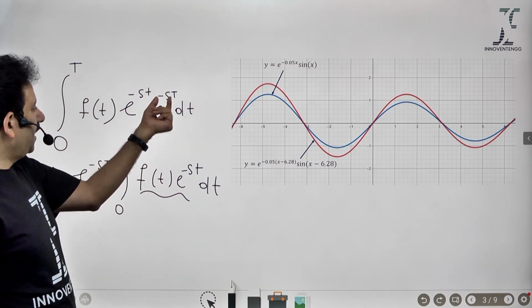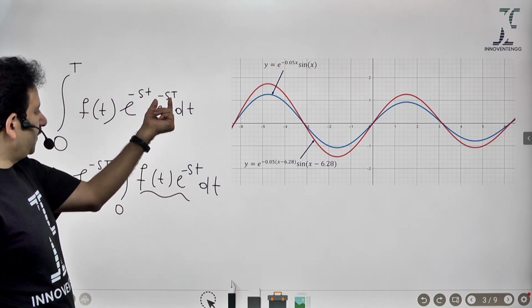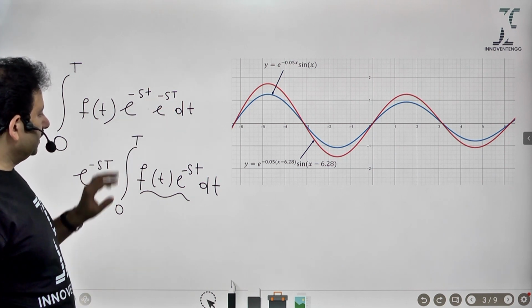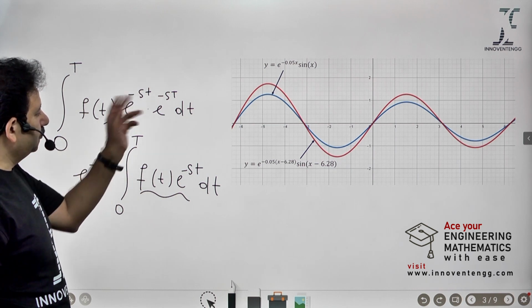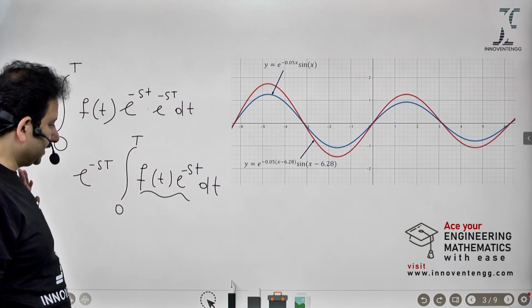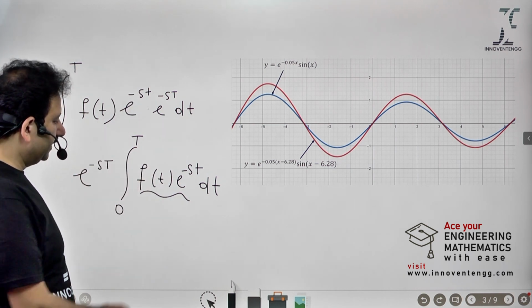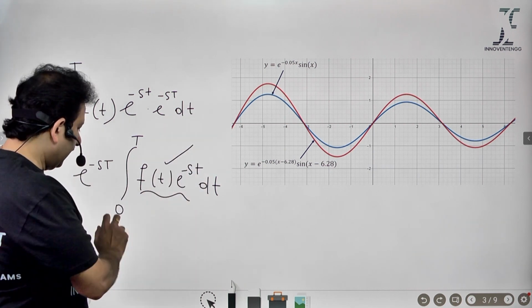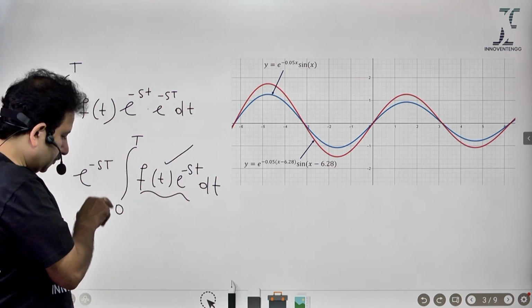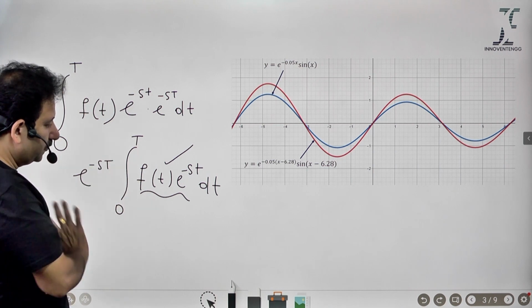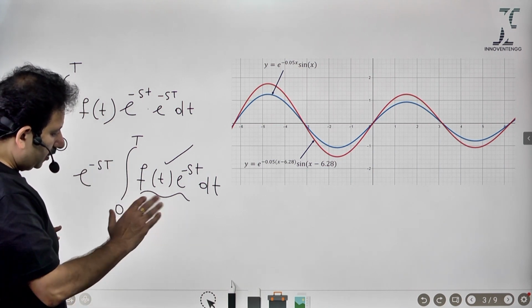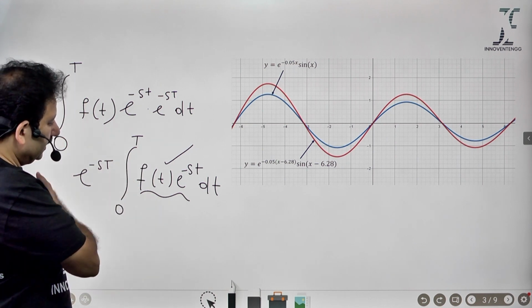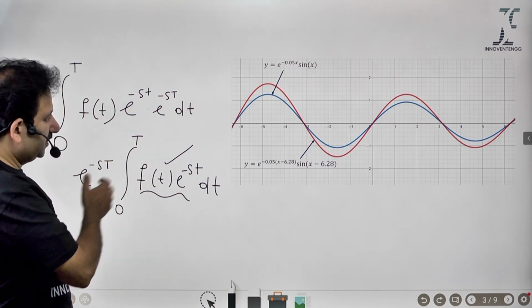So this e power minus sT is the one that you have introduced newly because you added T to this small t, and that is taken out, and the rest of the integrand is what it was. And now the limits are, instead of T to 2T, 0 to T. Whether this is applicable to all the integrals, we'll check out, but we shall visualize the process we did mathematically.